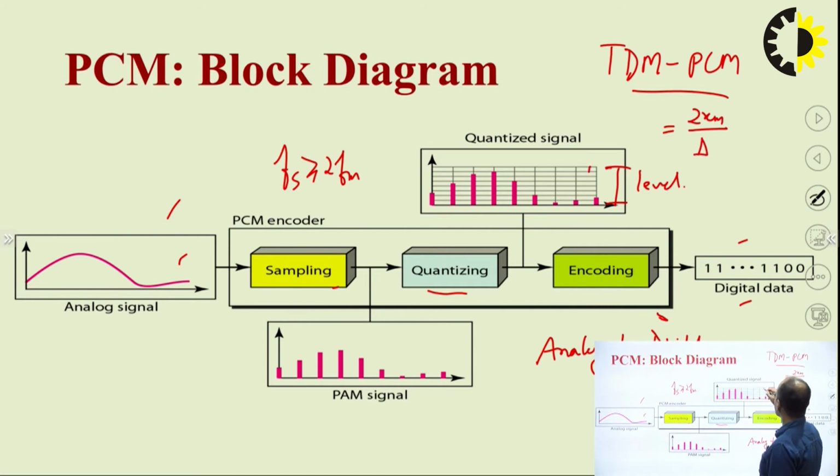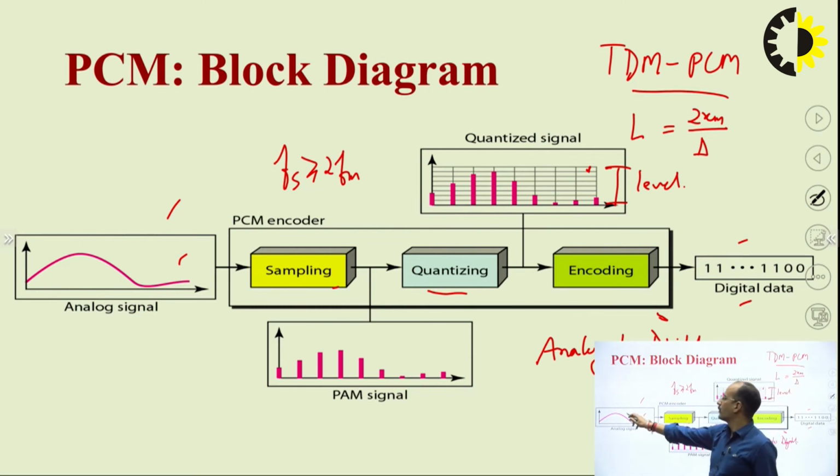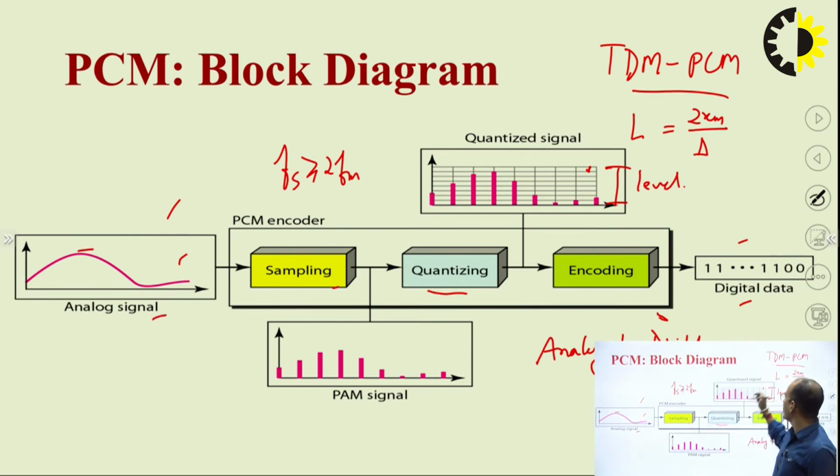Del is the step size, and 2xm is the complete amplitude range, meaning plus xm to minus xm for the analog signal. So that is the complete amplitude range with the step size, and that will create the number of levels.